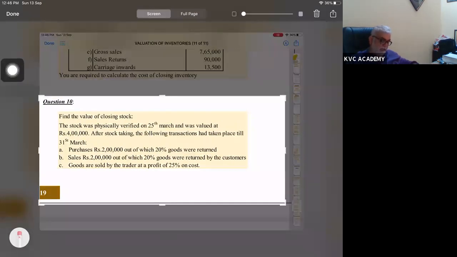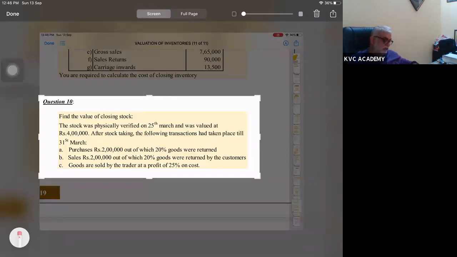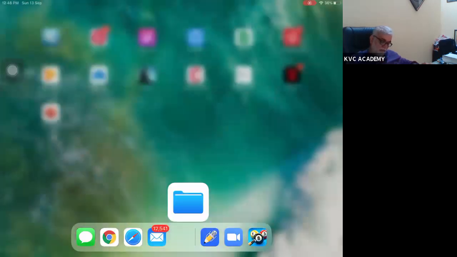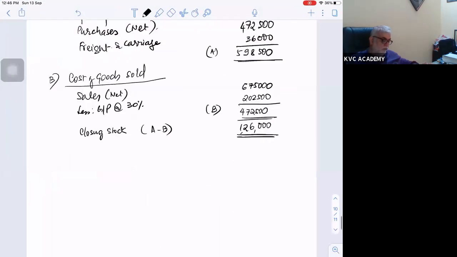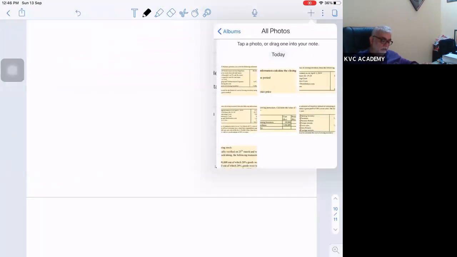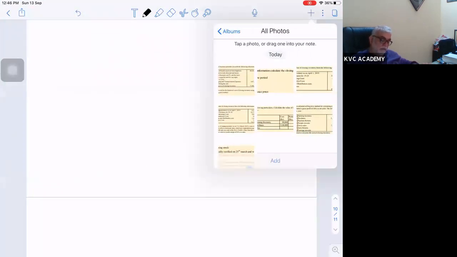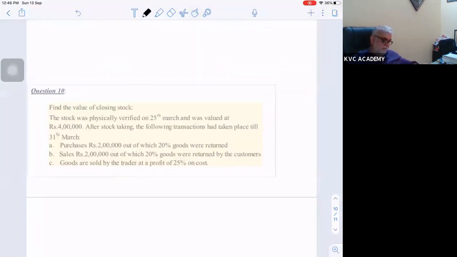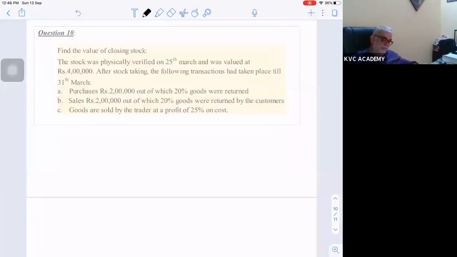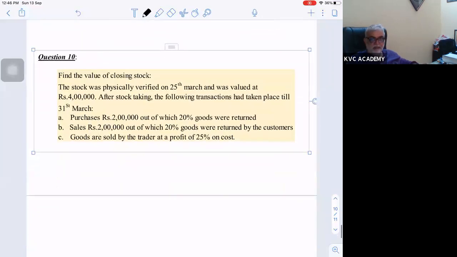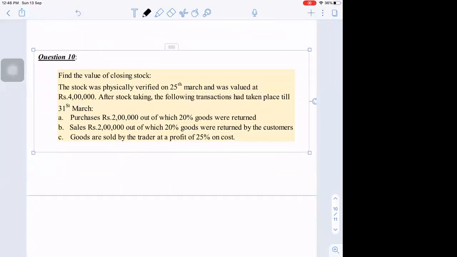Let's look at the 10th one. Find the value of closing stock.